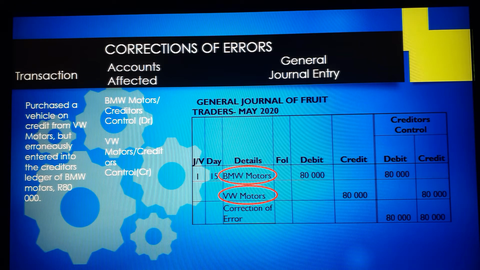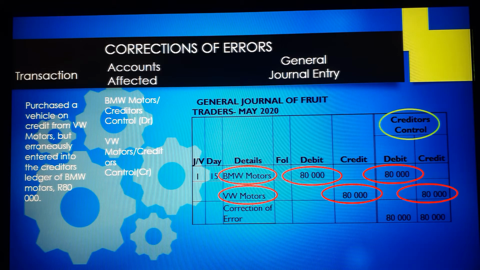We enter into the general columns, so debit 80,000 for BMW Motors, and then credit 80,000 for VW Motors. But we also have to show the effect on the creditor's control account. So we need to show that the one creditor, BMW, is being decreased by 80,000, and the other creditor, VW Motors, is being credited.